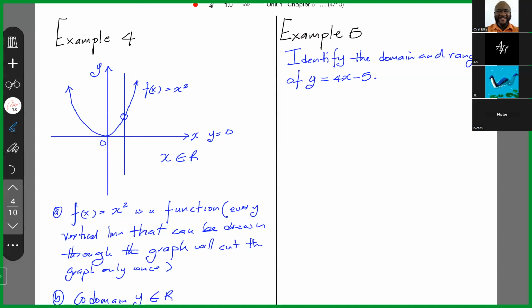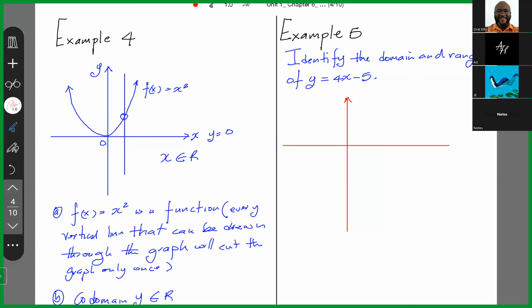All right, example 5 asks us to identify the domain and range of y is equal to 4x minus 5. Now, what I would start out by doing is to draw a sketch of y is equal to 4x minus 5. It's not a graph, it's a sketch. And this is using my knowledge of coordinate geometry.